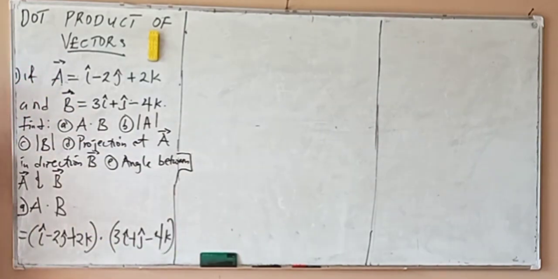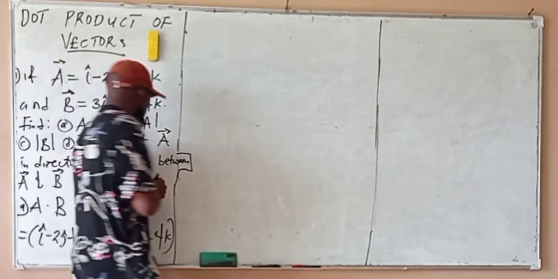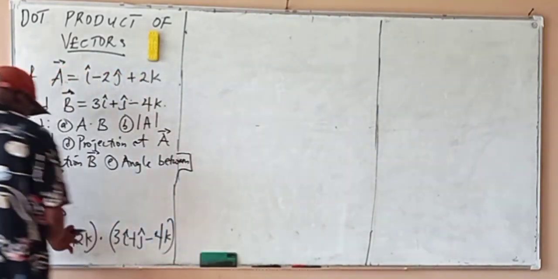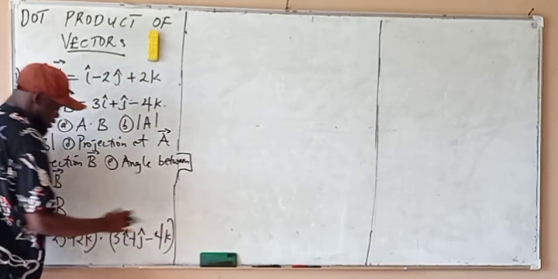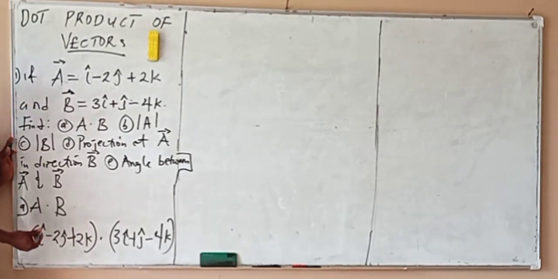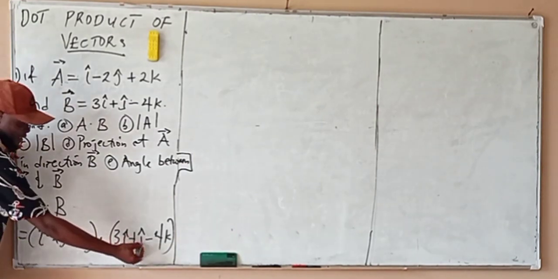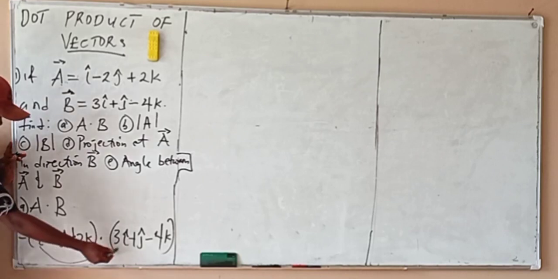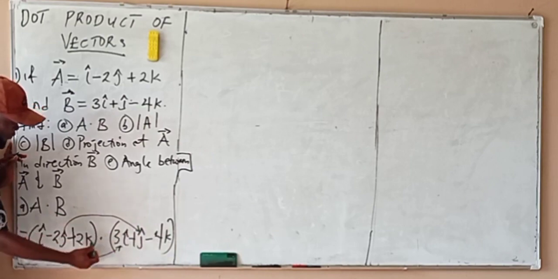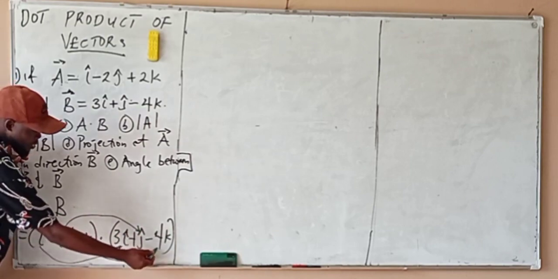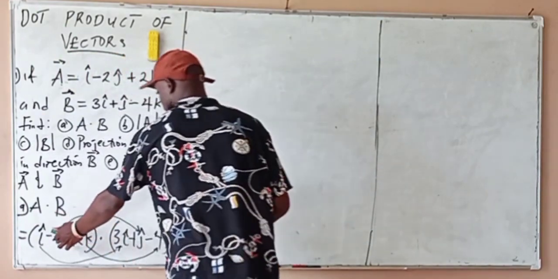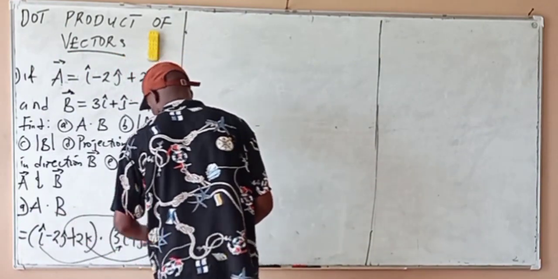That is vector B. The next thing is the dot product. Remember, the dot product of different unit vectors will be 0. Because of that, we're going to dot i to i, j to j, and k to k.